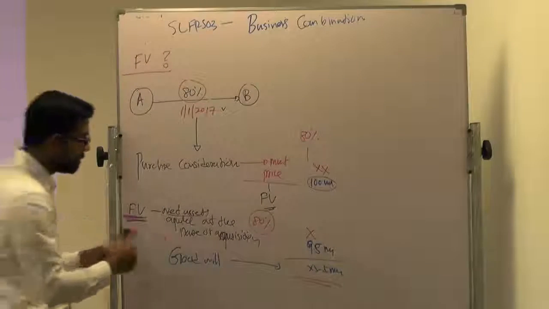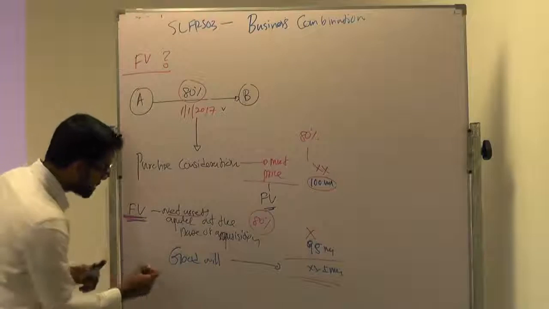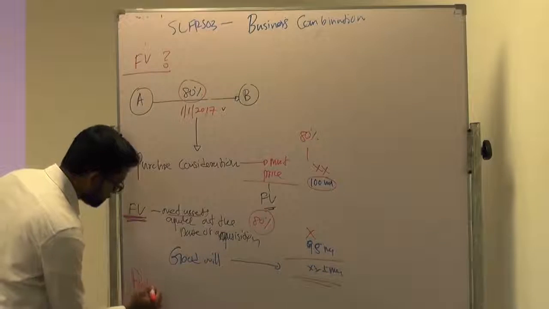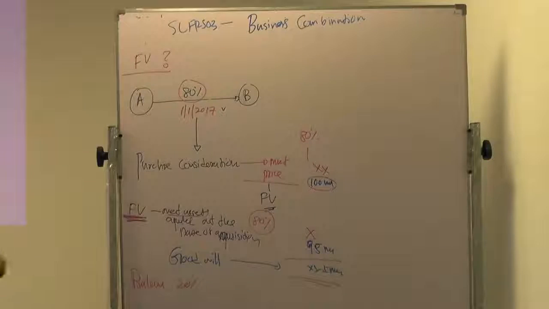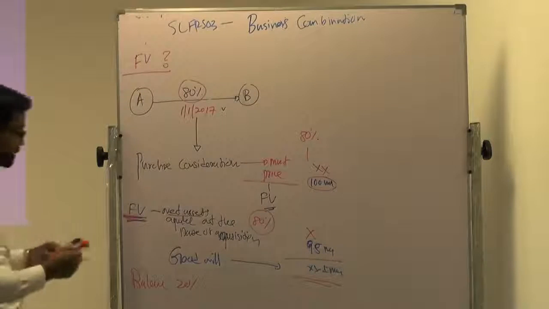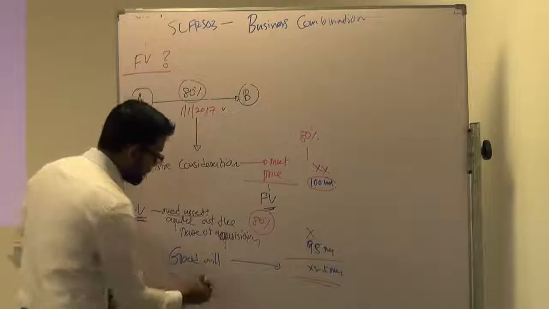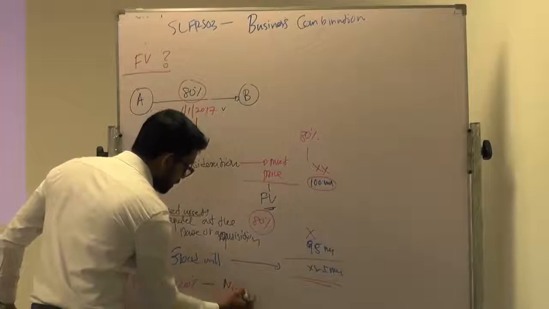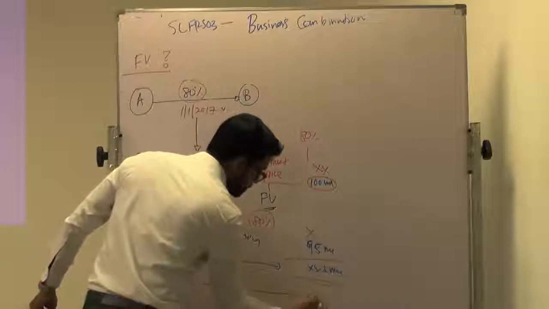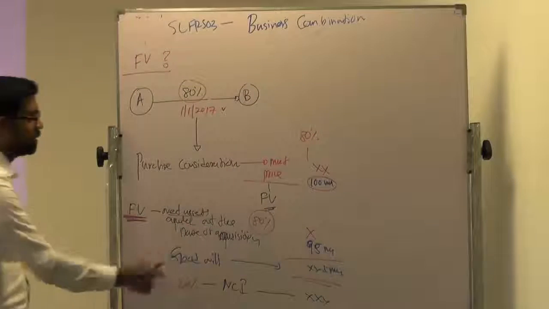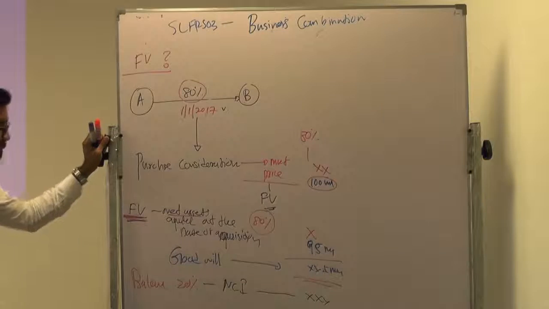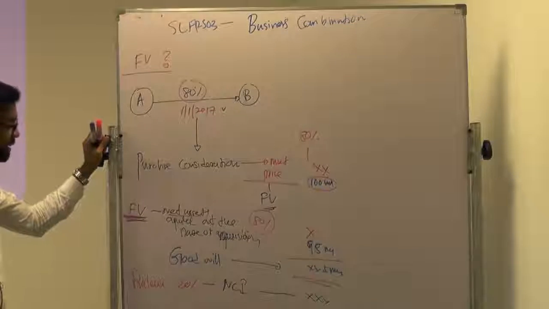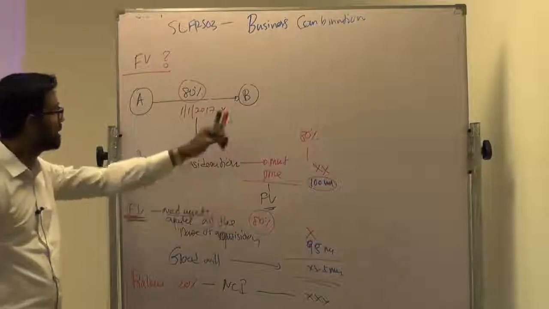Balance 20%. You have balance 20%. If 80% is this, the balance 20% is what? NCI. We will discuss in detail how we calculate NCI with simple adjustments next day, don't worry. For the time being, understand NCI is the difference, the balance 20%.